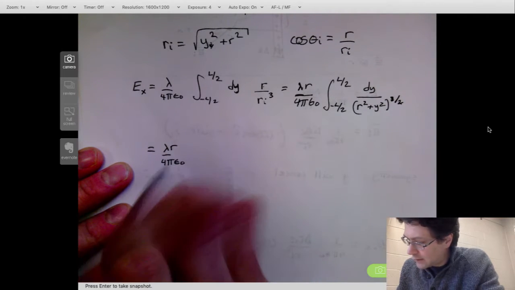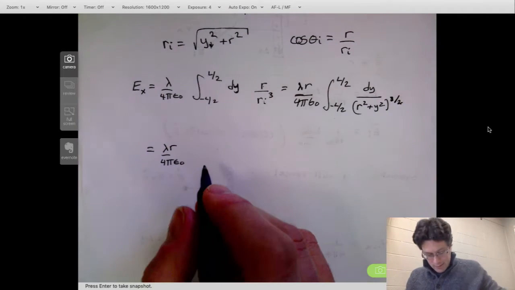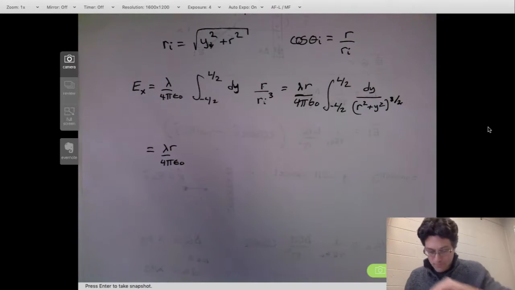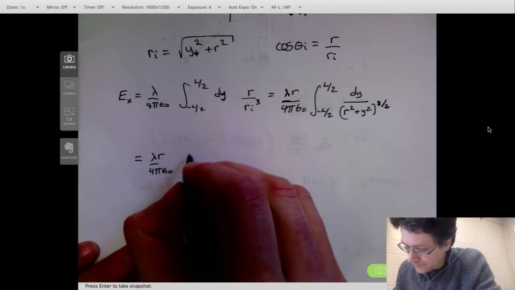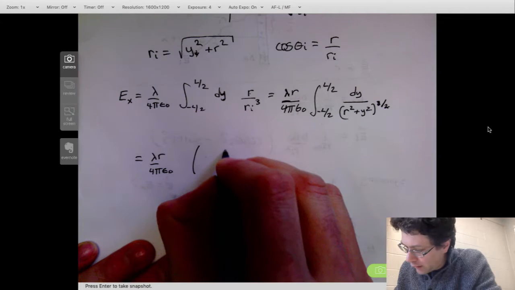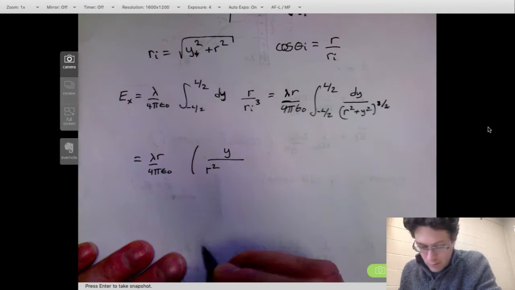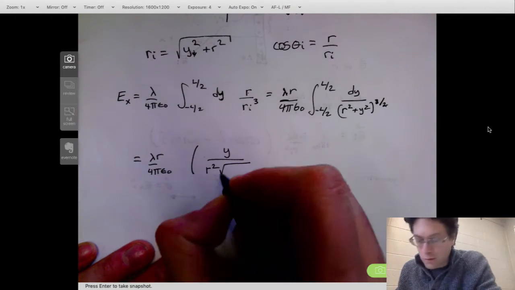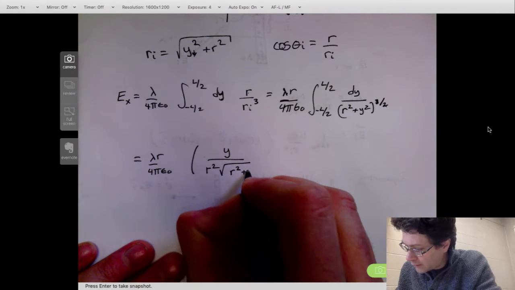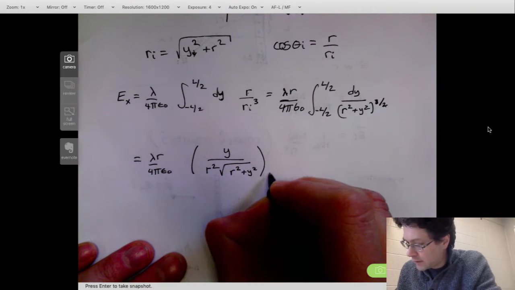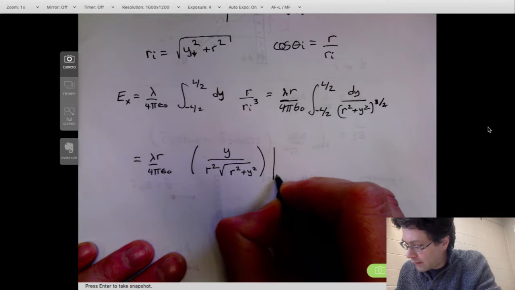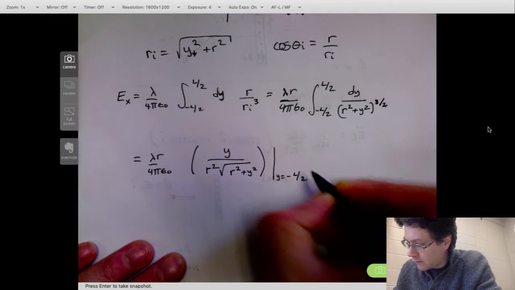These are all just constants. And then this integral becomes y over r squared times the square root of r squared plus y squared, evaluated between y equals minus L over 2 and y equals L over 2.